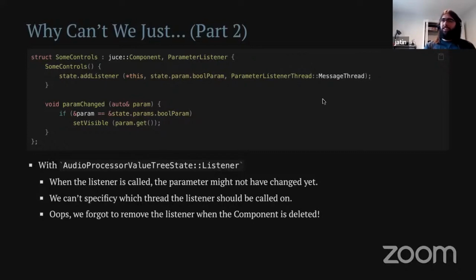And then you test it in a DAW maybe a week or two later, and you open the UI, close the UI, and open the UI again. Now you get a crash because you have a dangling listener from the first version of the UI that you deleted previously. That's a bit weird when you're trying to test, because you'll run into that bug at weird times and not necessarily when you're looking for it. So it would be nice if there was a way to prevent that bug before it happened. Again, we'll come back to that in a second.